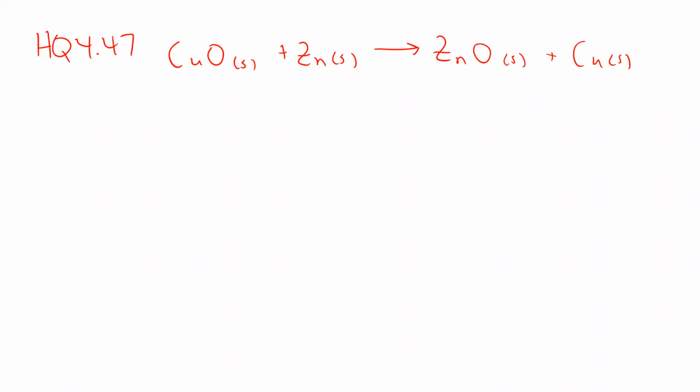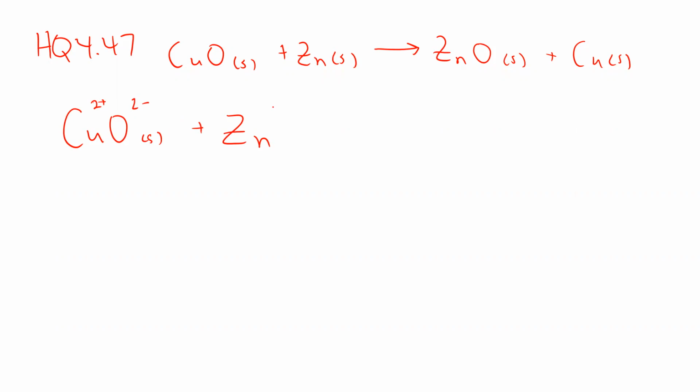So oxygen, if I'm going to assign an oxidation state to oxygen, oxygen is always -2. So if oxygen is -2, that means I would assign an oxidation state of +2 to copper in copper(II) oxide. One of the rules we covered was that any pure elemental solid has to be 0.